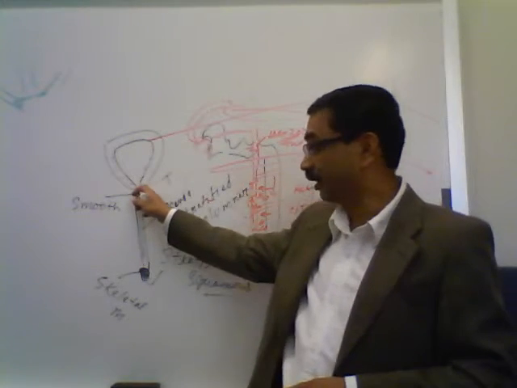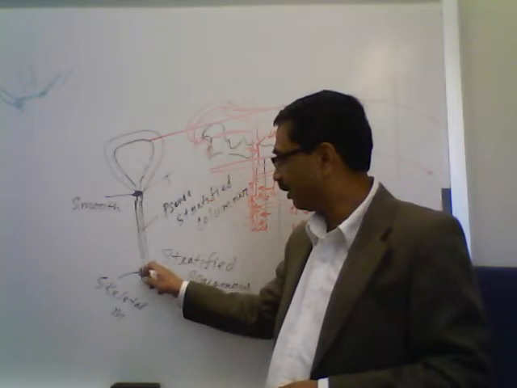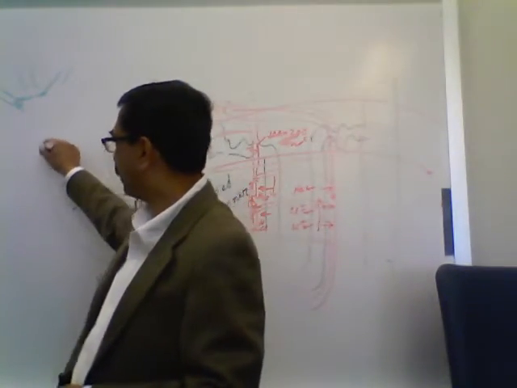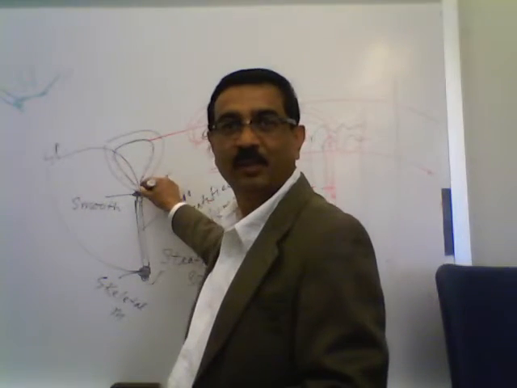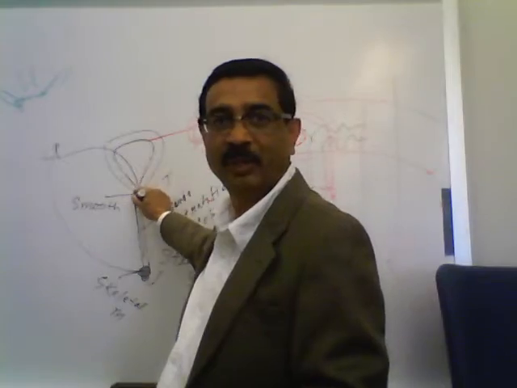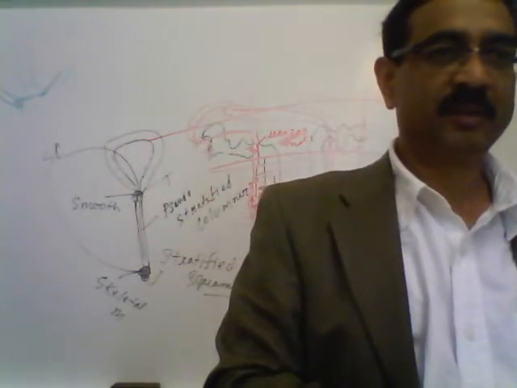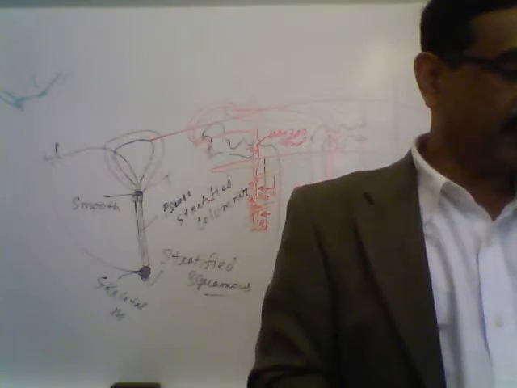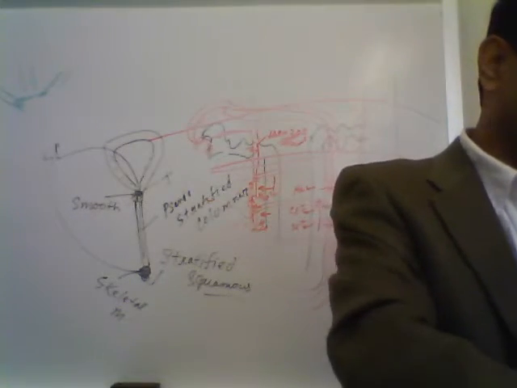Now what should be done? This one should be open, right? So when we relax the external urethral sphincter, signal goes to the spinal cord, and from there signal comes back here, right? To open this one, because we cannot do that. So when both are open, the urine will get out. Let the urine get out. Okay, so that's how the reflex of the urination is controlled.